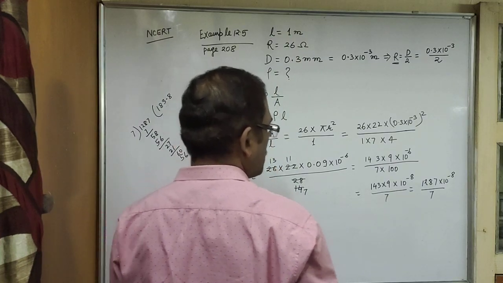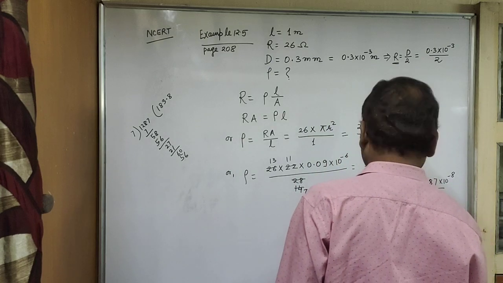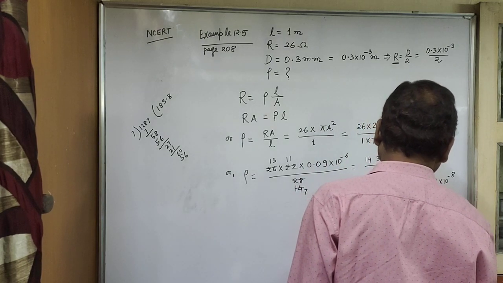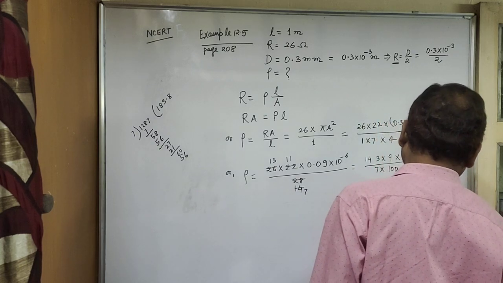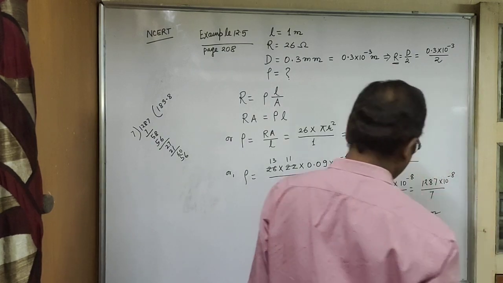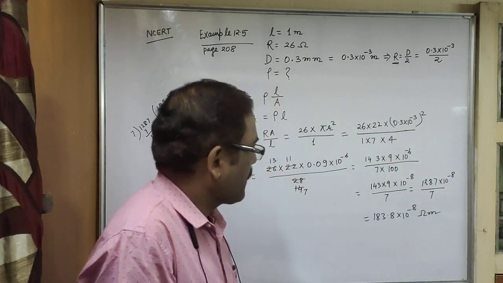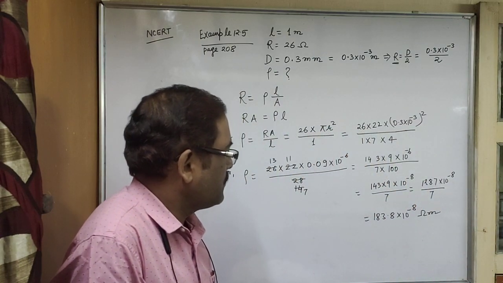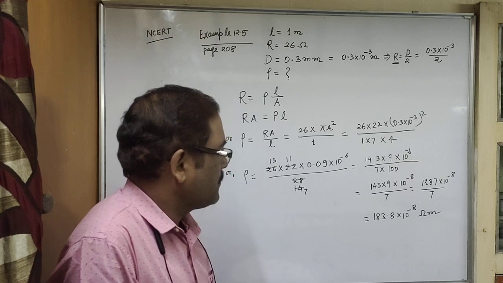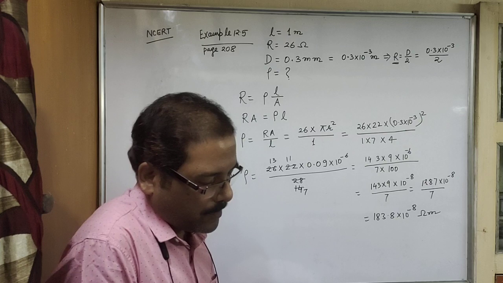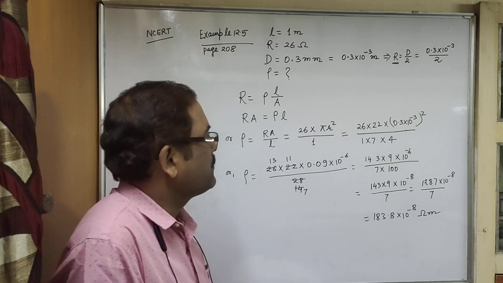So you will get 183.8 approximately into 10 to the power minus 8 ohm meter resistivity. So in this way you have to solve the questions.